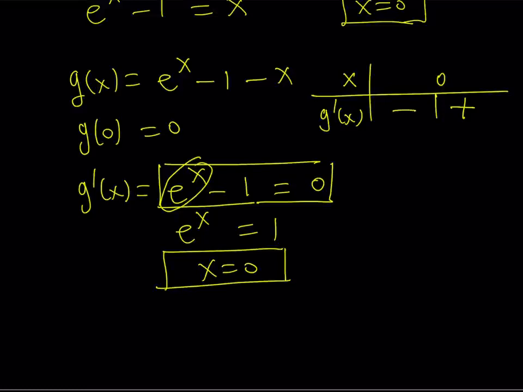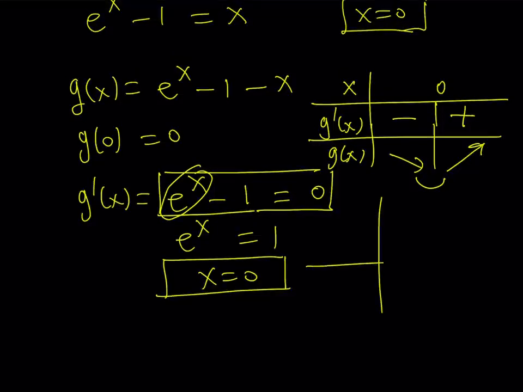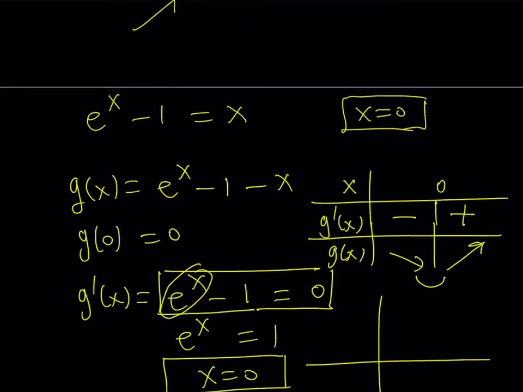So this means that g is going to be a decreasing function if x is less than 0, and an increasing function if x is greater than 0, which means that we have a minimum at x equals 0. And another thing, this means that we have a minimum at 0, and g of 0 is also 0.